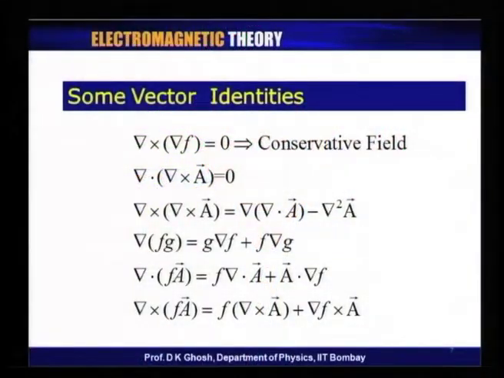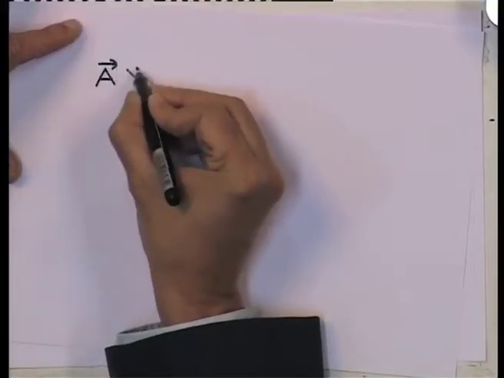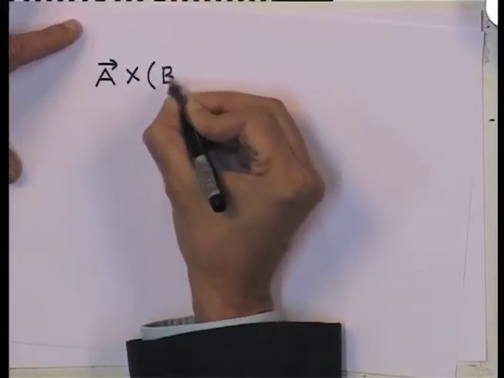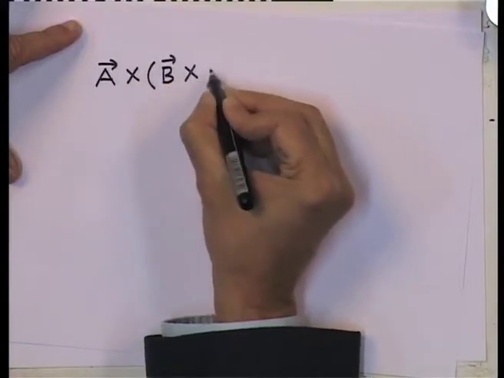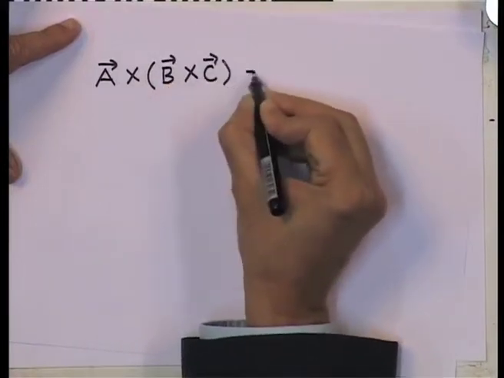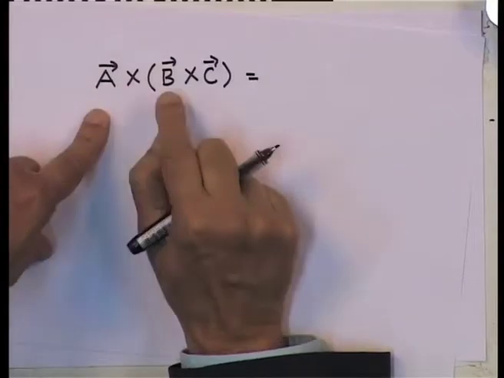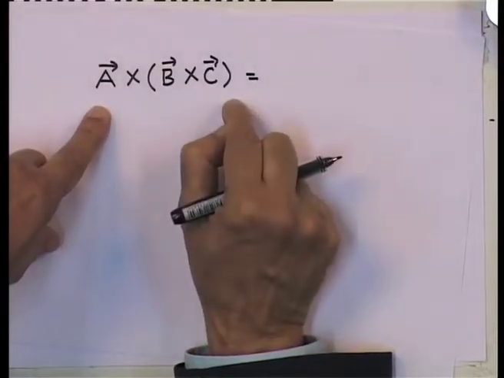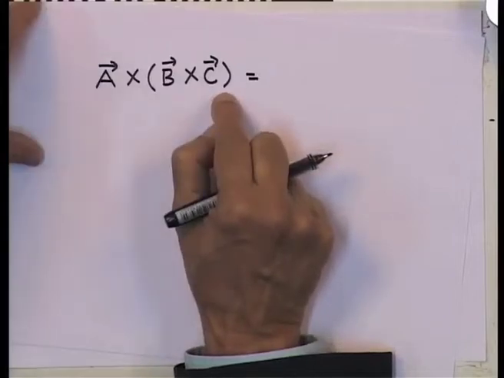The third equation that I have written down is an identity. You must have seen in case of ordinary vectors, vector triple products like A cross B cross C. For instance, we are aware of this, A cross B cross C. Now, you have to put in a bracket, because otherwise we cannot be sure whether you are first taking A cross B and then taking a cross product with C, or the way I have written down.